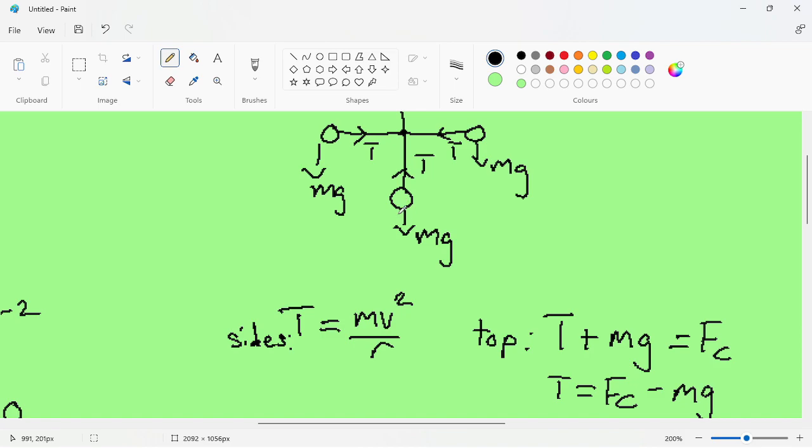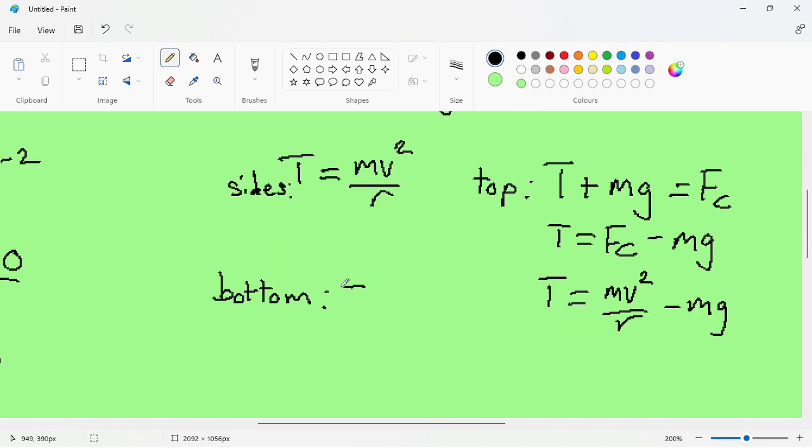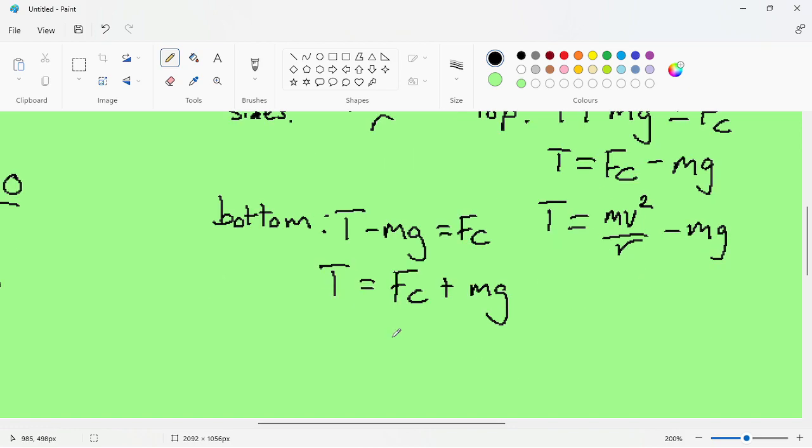But here it's acting in the opposite direction, so T minus mg is equal to the centripetal force. In other words, tension is equal to the centripetal force plus the weight. So it's equal to mv squared over r plus mg.